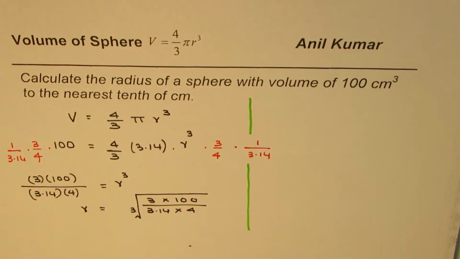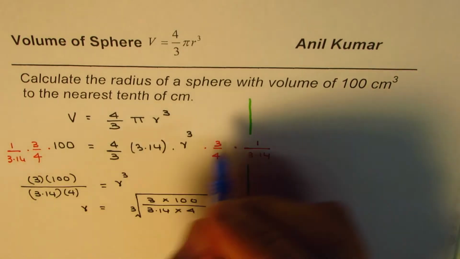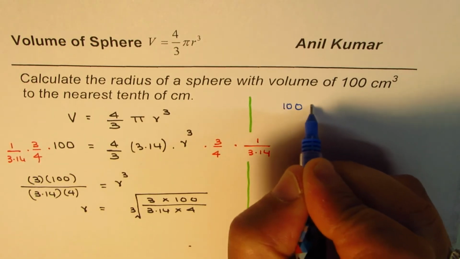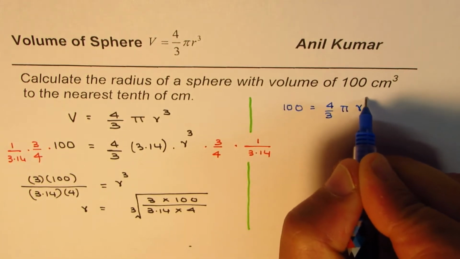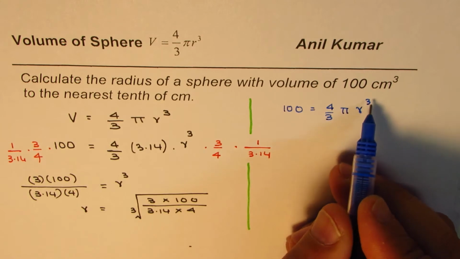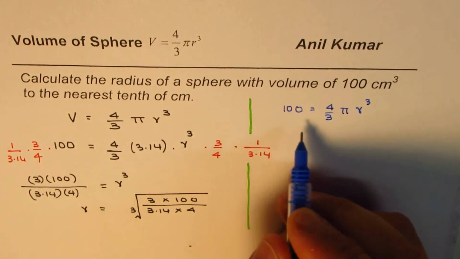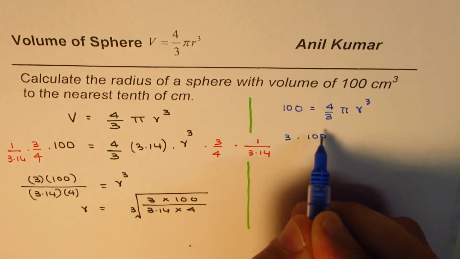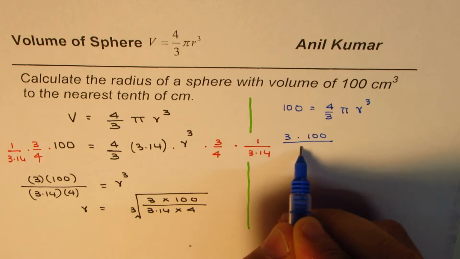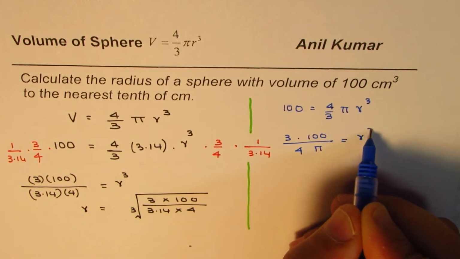Now some of you could do it directly. For example, we had this, let's redo. We have 100 equals 4 by 3 pi r cube. So to find r, we'll cross multiply, right? So we'll do 3 times 100, divide by 4, divide by pi equals r cube.